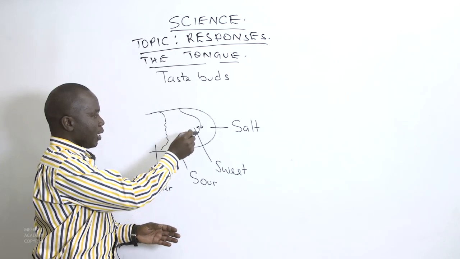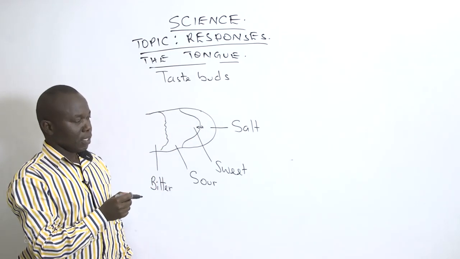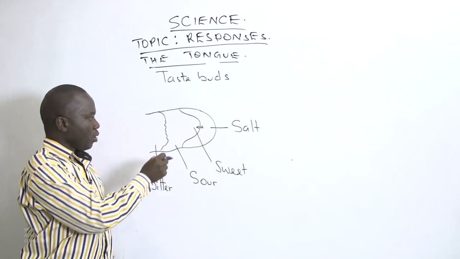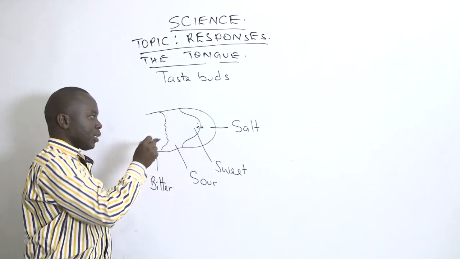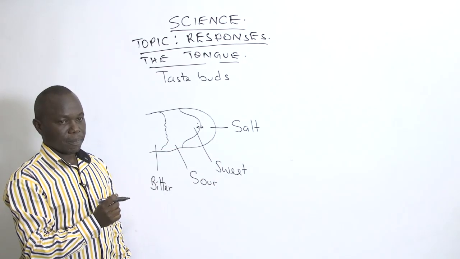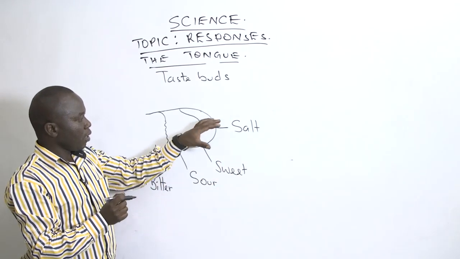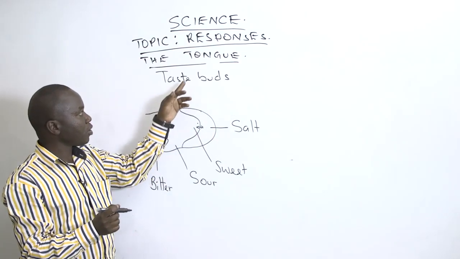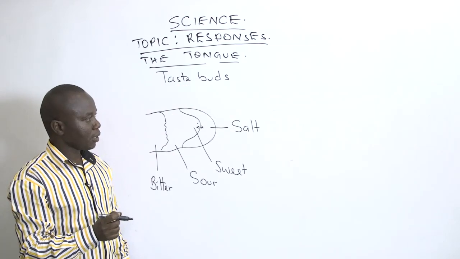So you realize that sometimes, even if you drop some sugary substance there, it is going to taste sweet, or if you drop some salt substance at that point, it's going to taste salty. So these different parts of the tongue are able to do that because they have taste buds.